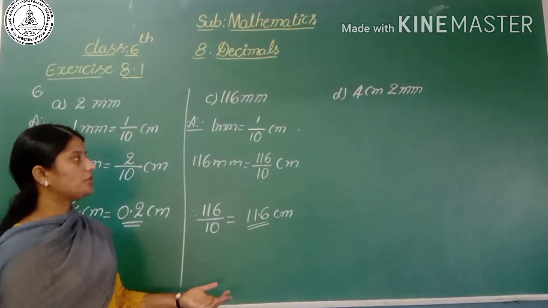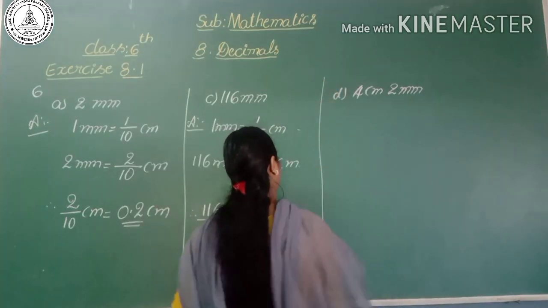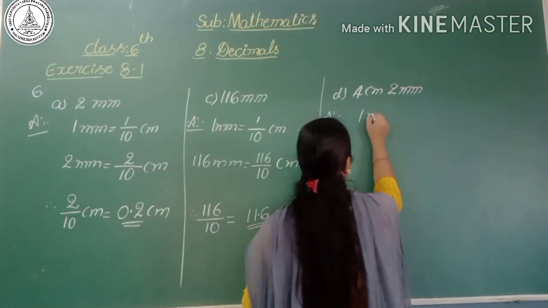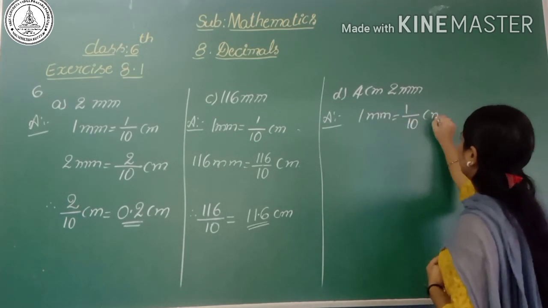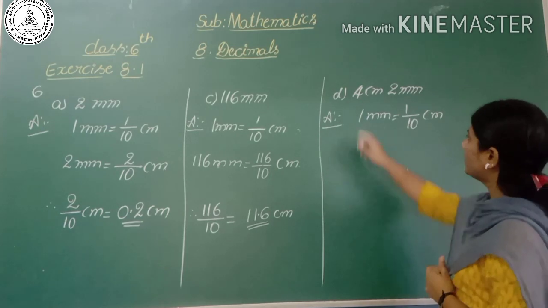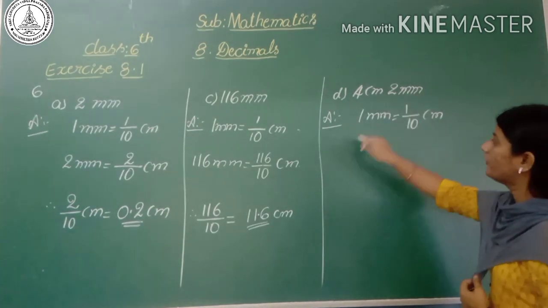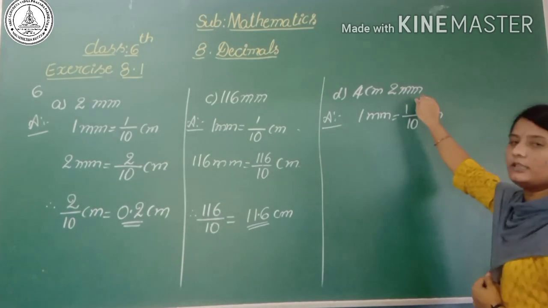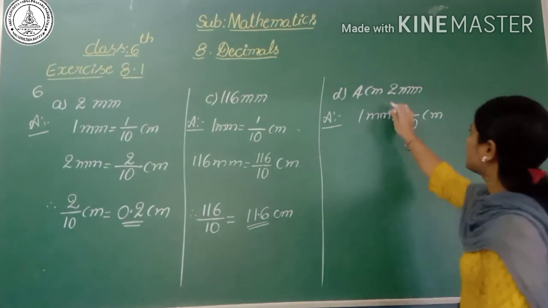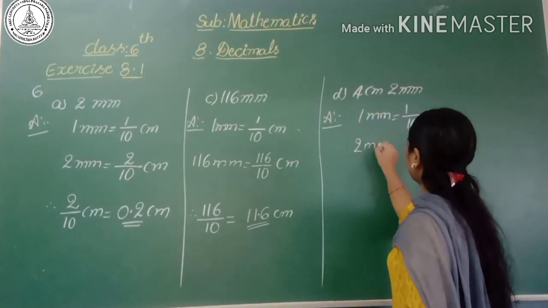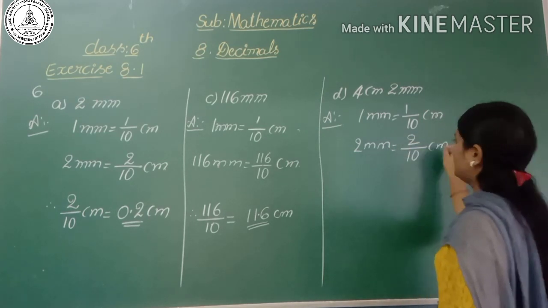Then the question: 4 centimeters and 2 millimeters. Write here, answer: 1 millimeter is equal to 1/10 centimeter. Here 4 centimeters and 2 millimeters are given. First we want to convert the 2 millimeters into centimeters, and then we will add the 4 centimeters. First convert: 2 millimeters is equal to 2/10 centimeter.